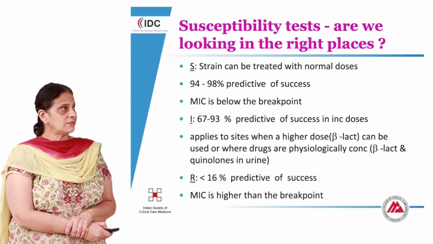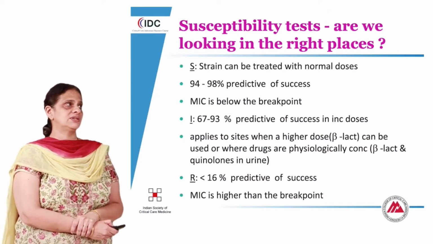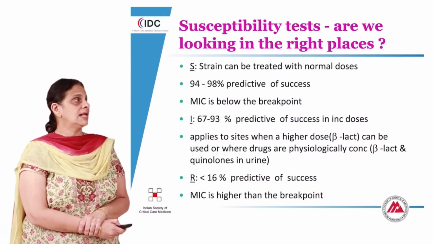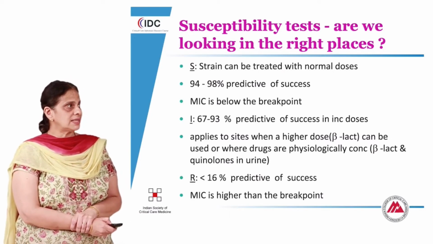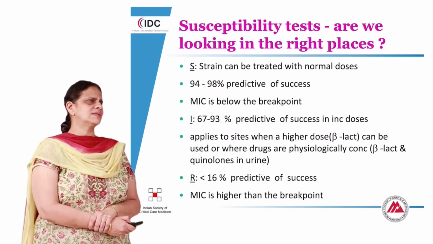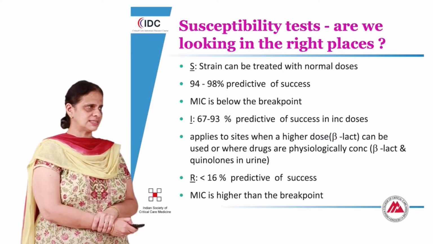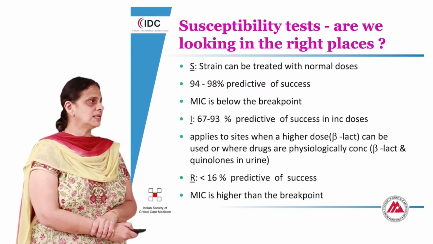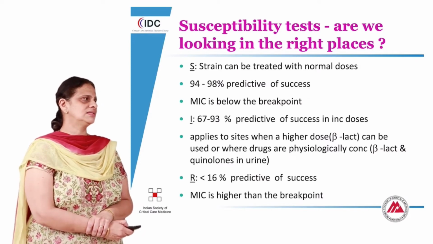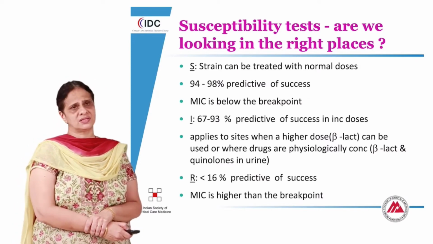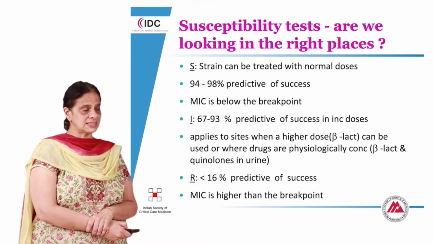So what are we saying? We are saying that susceptible means the strain can be treated with normal doses. The MIC is below the breakpoint. I is when the drug concentrates, and a higher dose can be used, for example, the beta-lactams and the quinolones in urine, and R is when it's less than 16% predictive of success, and the MIC is higher than the breakpoint.